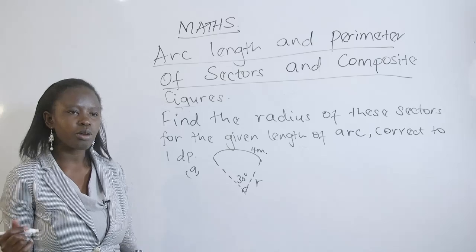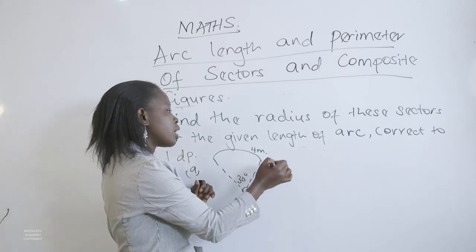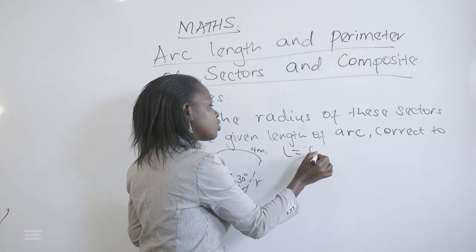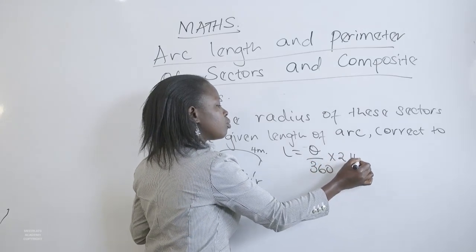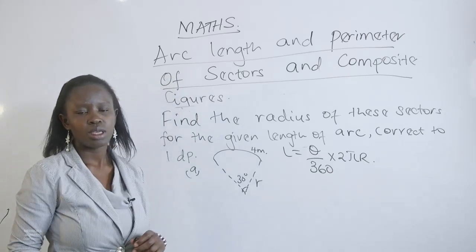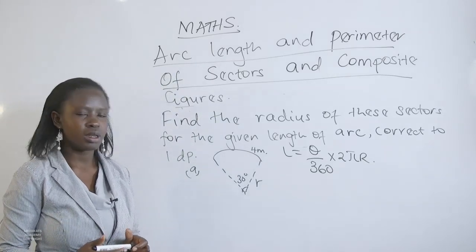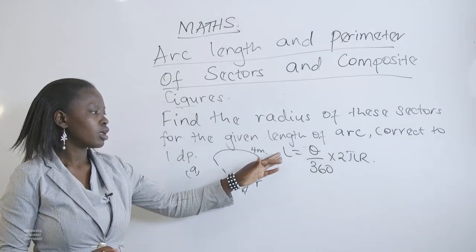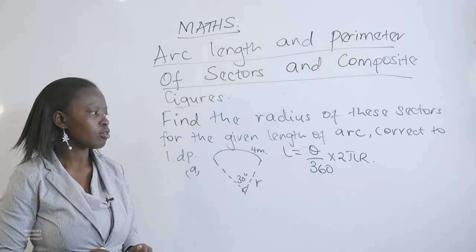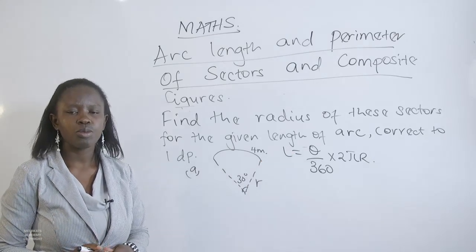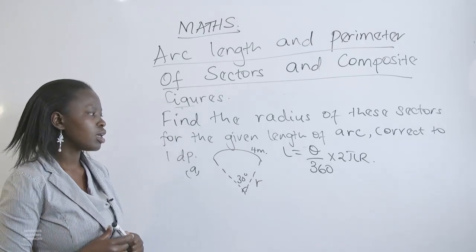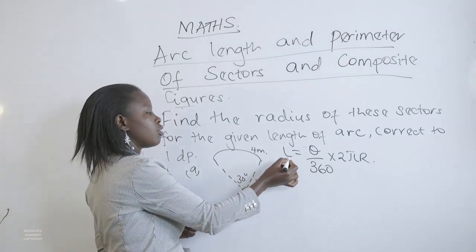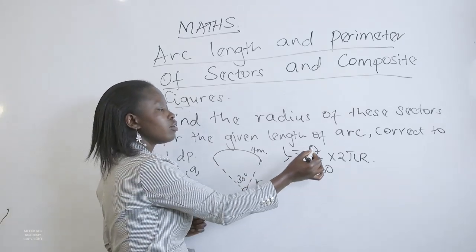First, just to remind ourselves, the length of the arc is obtained by theta over 360 times 2 pi r, in case we are working with radius. So if length of the arc is given by theta over 360 times 2 pi r, we need to find out what values have we been given, and we discover that we already have the length of the arc and we have theta.